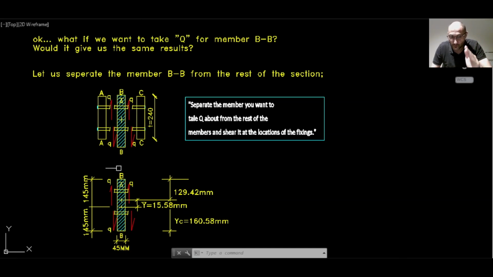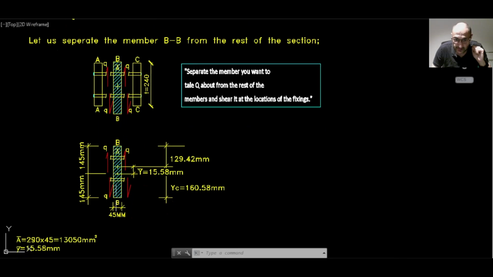Previously, we only had 1 shear plane. Okay, see the difference? Let's see what we can do to work this one out. We work out the centroid of the whole section, which is exactly the same, 160.58 millimeters. And Y bar this time will be different.